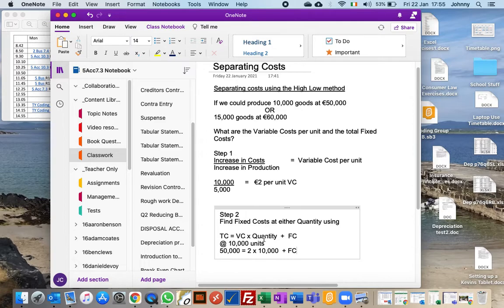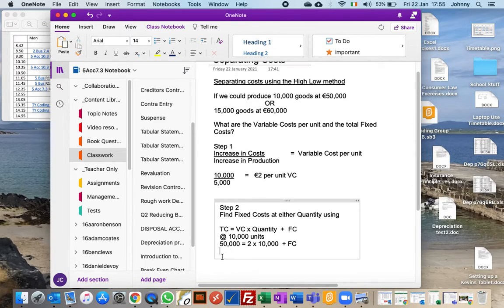So when we do our maths, we end up at 50,000 equals 20,000 plus fixed costs. If we bring the 20,000 over to the other side of the equal sign, it becomes a minus. So 50,000 minus 20,000 equals fixed costs. That's 30,000 fixed costs.